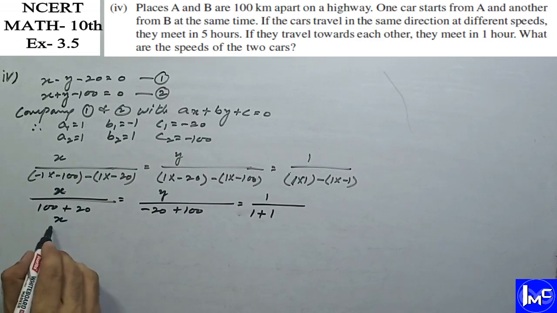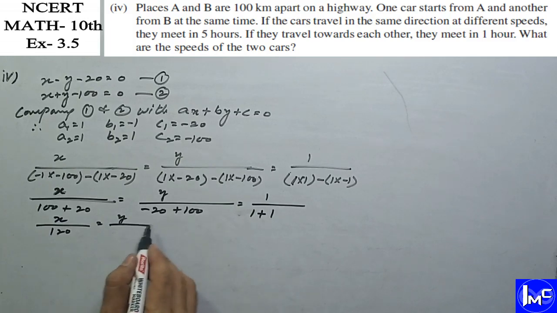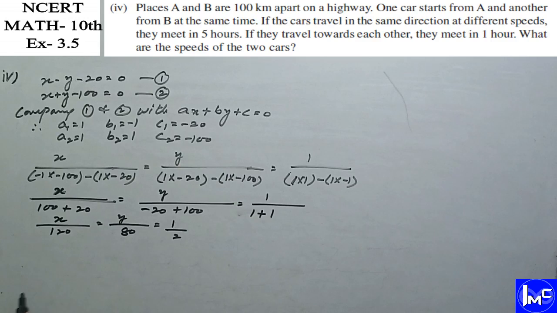Again, x over 120, y over 80, and here 1 over 2.